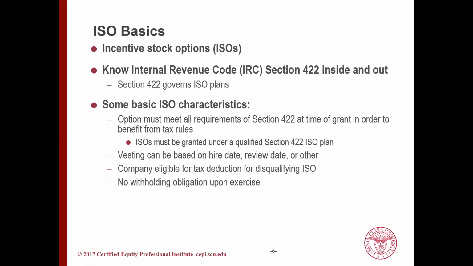In general, there is no company tax withholding on exercise of an ISO, and companies receive a tax deduction for ISOs that are not held for the required holding period, or the other way to say that is the companies receive a tax deduction for ISOs that are disqualified, that are disposed of in a disqualifying disposition. Let's look at the next few slides for some specifics.